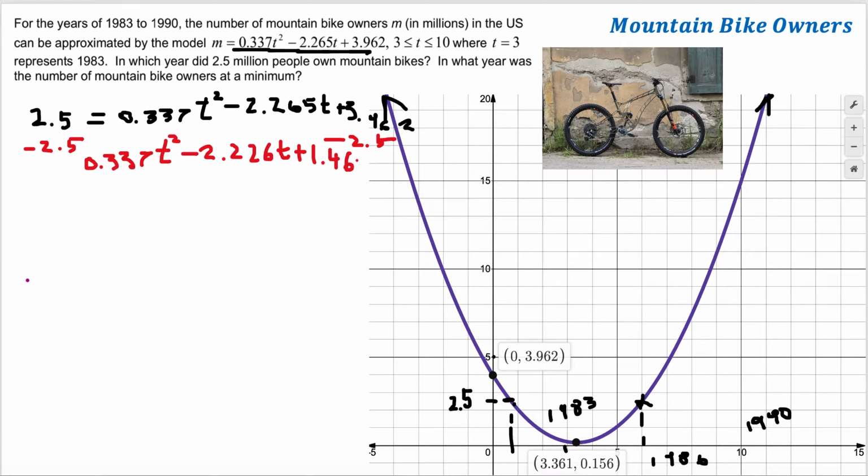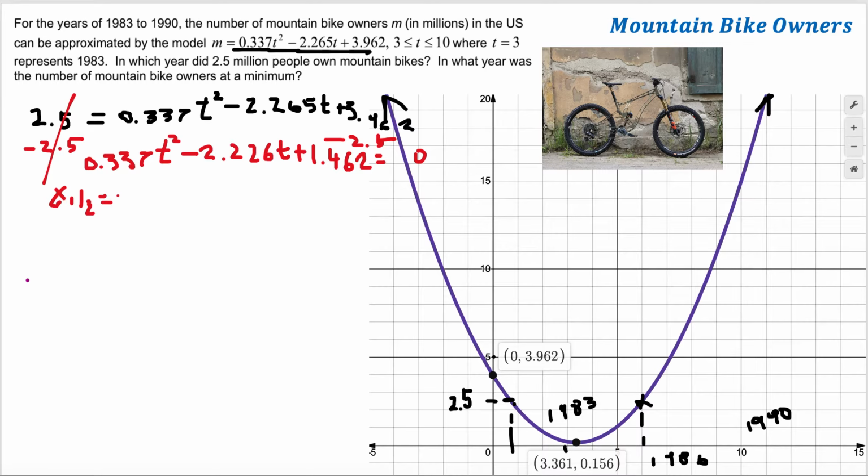On this side, 2.5 minus 2.5 is 0, so this is equal to 0. So now I have a quadratic equation, and I'm going to use the quadratic formula, because it's much easier. This is t.